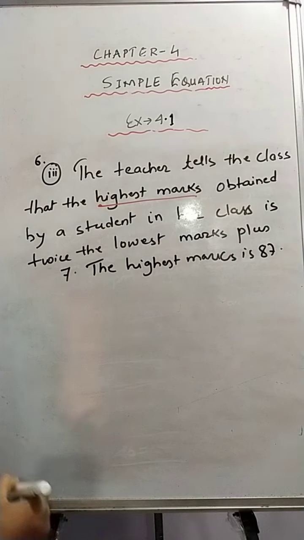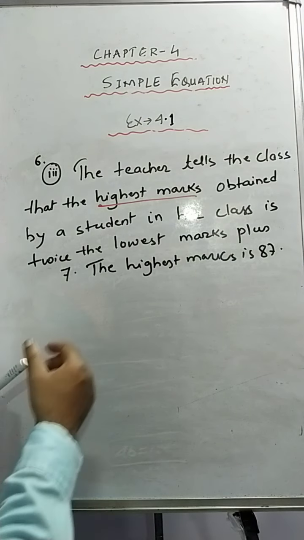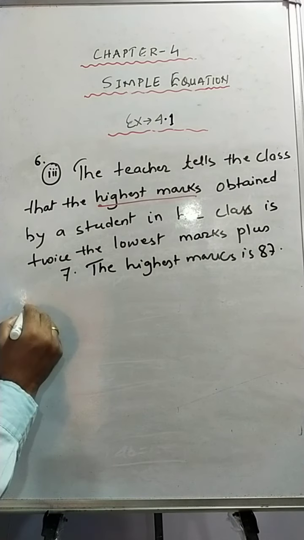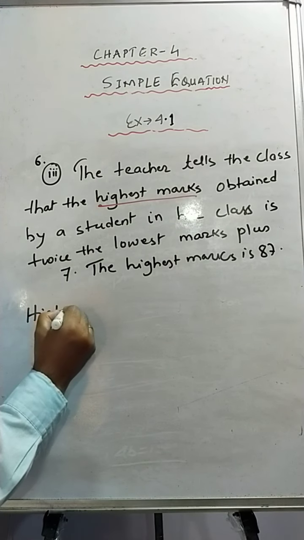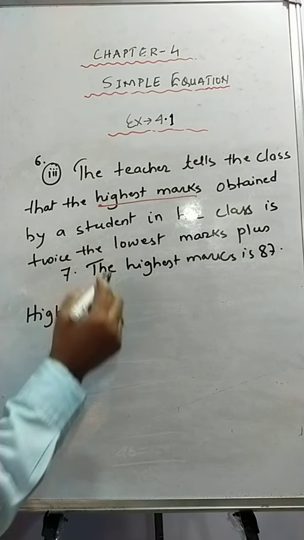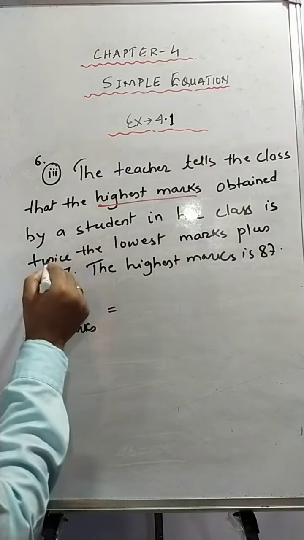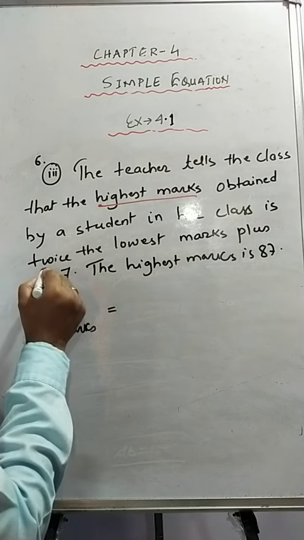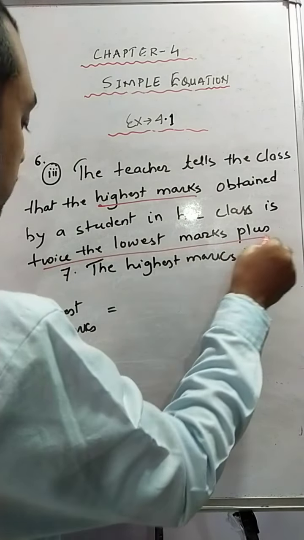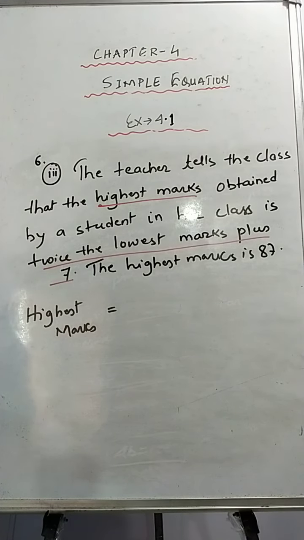It is given 87. So how to frame the equation from the first statement? The highest mark obtained by a student in a class is twice the lowest mark. This is what we'll write on the right hand side of the equation.